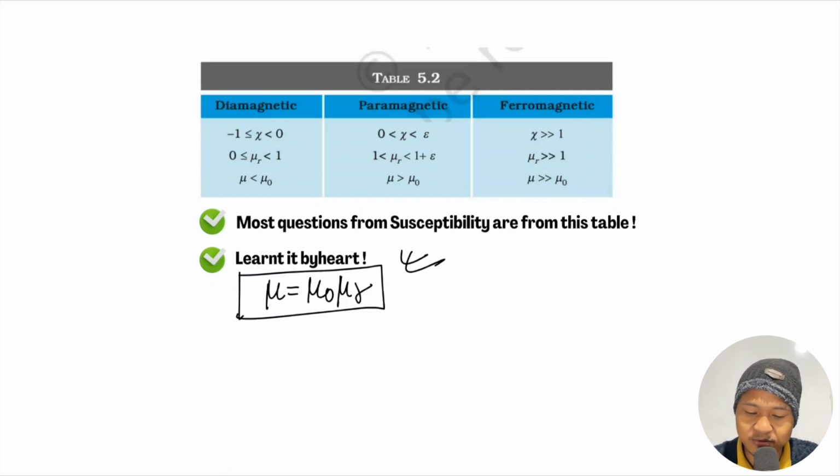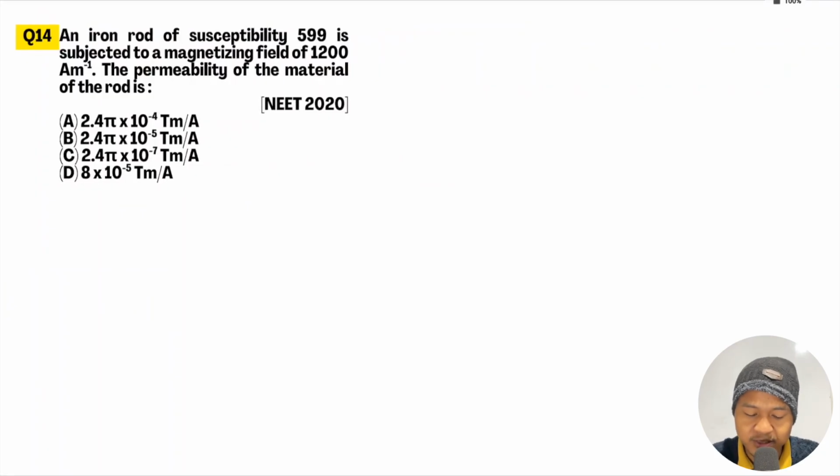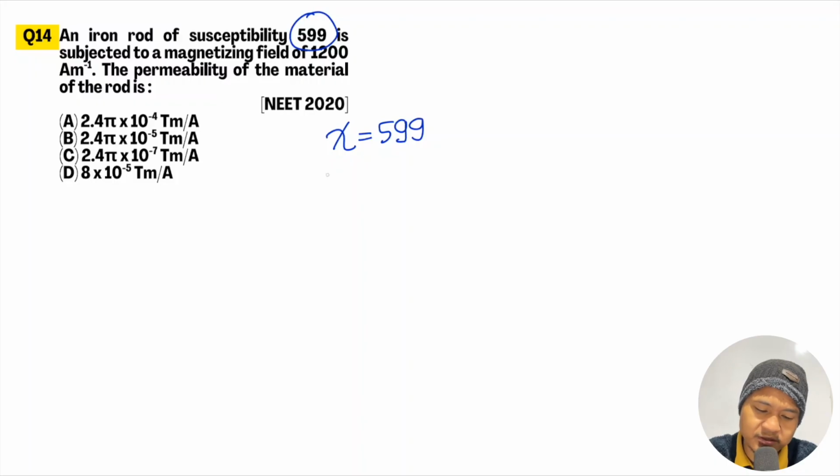Let us solve the question from the table. An iron rod of susceptibility psi equal to 599 is subject to a magnetizing field of 1200. The permeability of the material is asked.